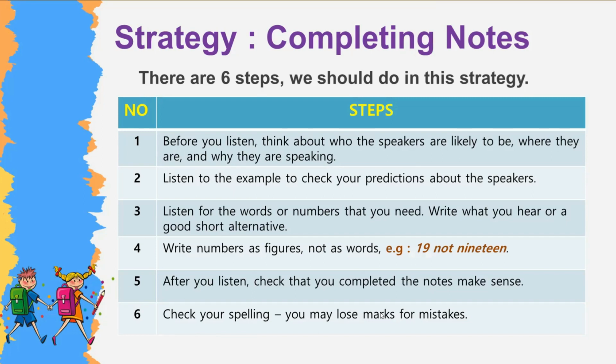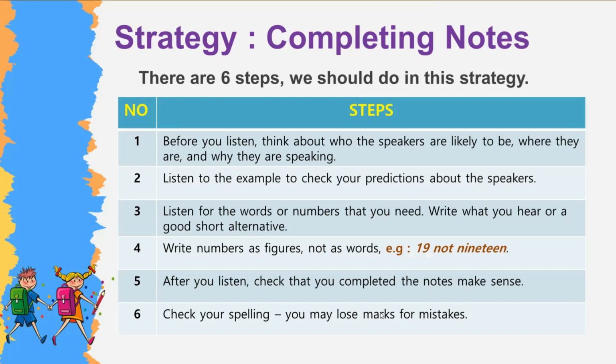Remember, if you write the number, you try to take a look at it as a number. When we talk about a number, we write the number itself, not try to write it down in words, in the strategy on completing notes.